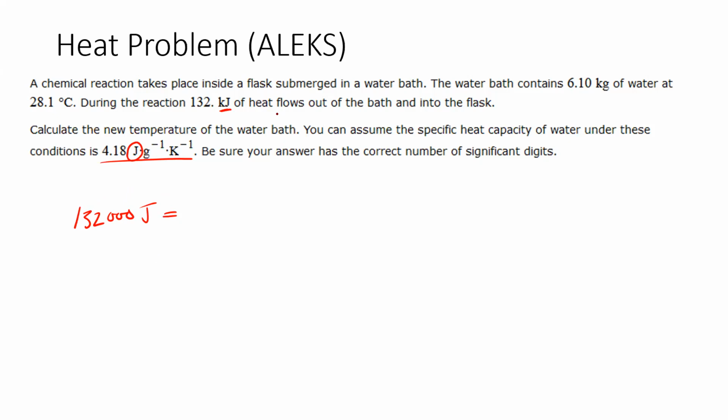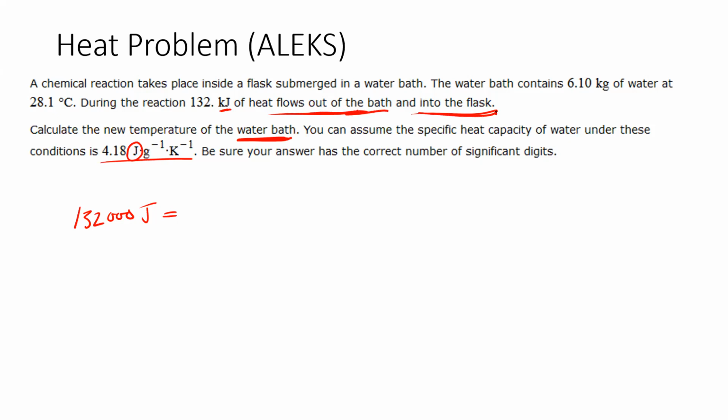Now, it's flowing out of the bath and into the flask. So we're talking about the water here. Is that positive or negative? Positive? With respect to the water, negative. Yeah, exactly. With respect to the water bath, it's negative. This heat is flowing out of the bath and into the flask.